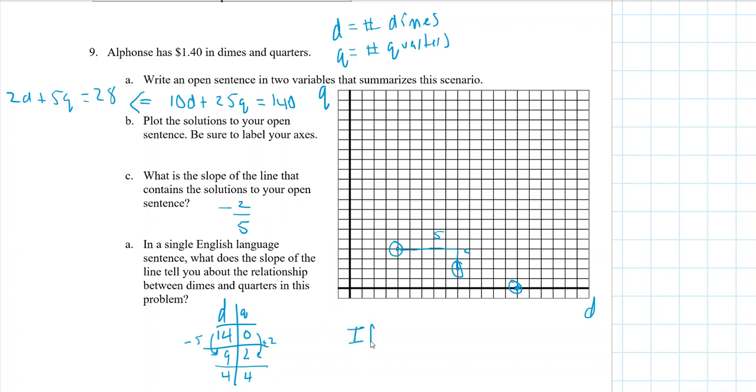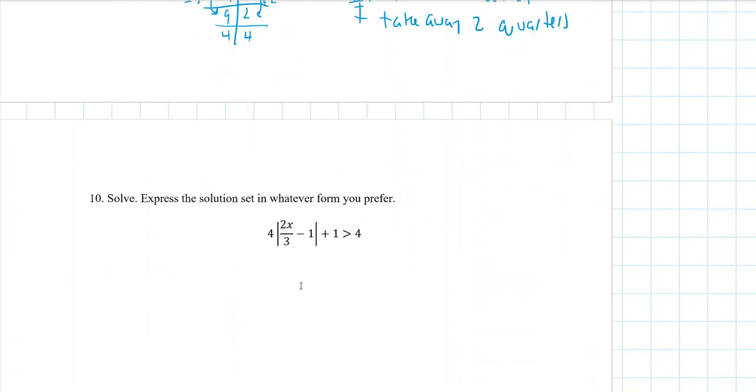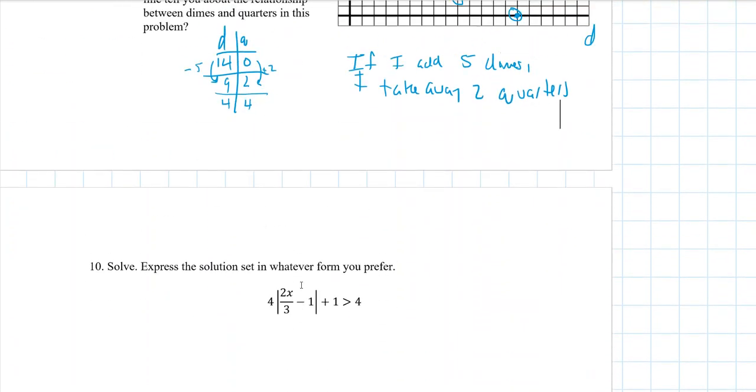So if I add the denominator, 5 dimes, I take away 2 quarters. So the run is 5. If I add 5 dimes, I lose 2 quarters. That's a perfectly sensible statement about money that would make sense to even your little sister, but it's actually also the slope of the line.